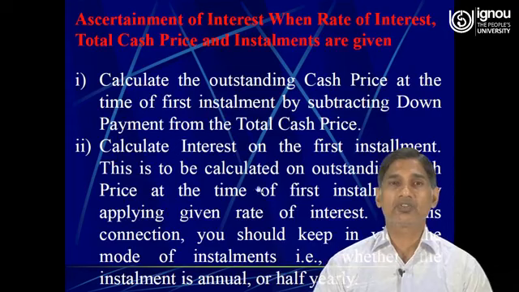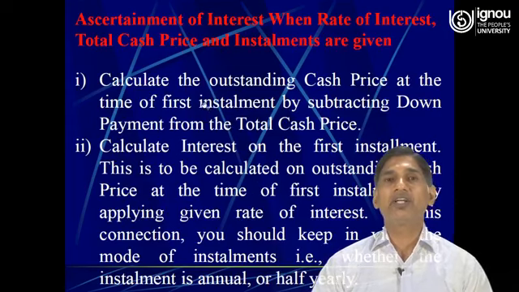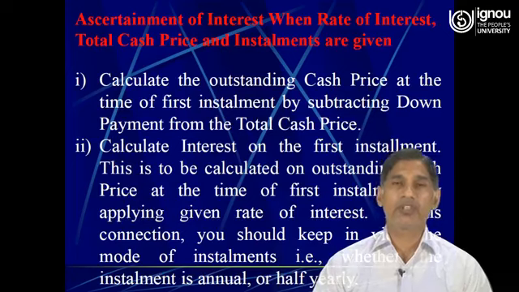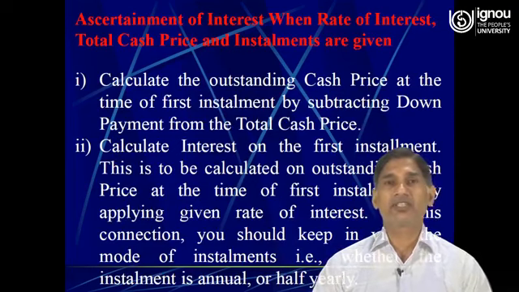First, calculate the outstanding cash price at the time of the first installment by subtracting the down payment from the total cash price. If we subtract the cash down payment from the total cash price, we can easily find the outstanding cash price at the time of the first installment.